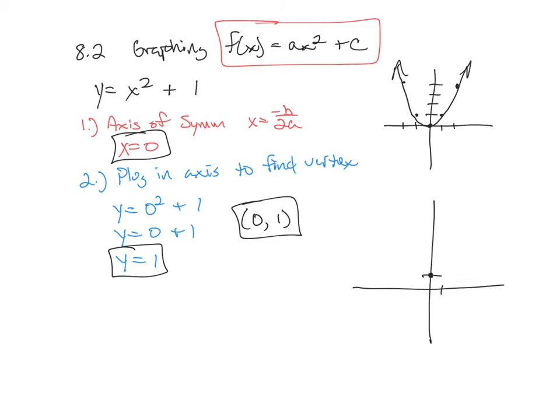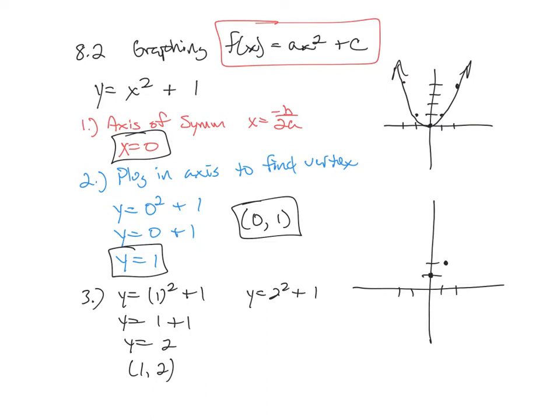Okay, and then we'll pick our numbers to plug in. I'll plug in 1. 1 squared is 1, plus 1 is 2. So I plugged in 1, I got 2. 1, 2. And then I'll plug in 2. 2 squared is 4, plus 1 is 5.